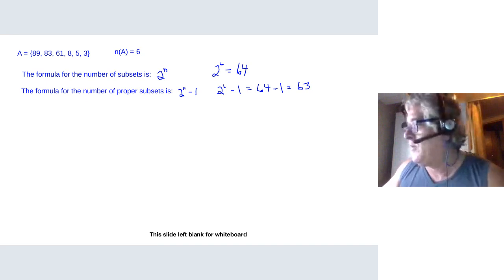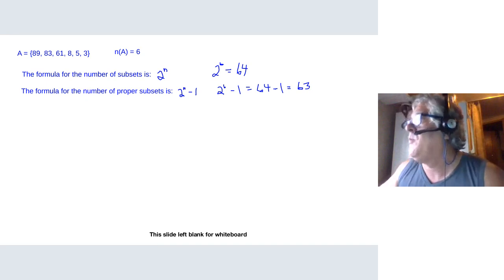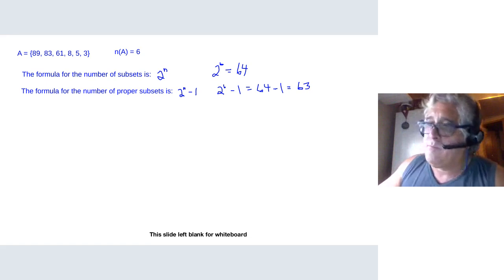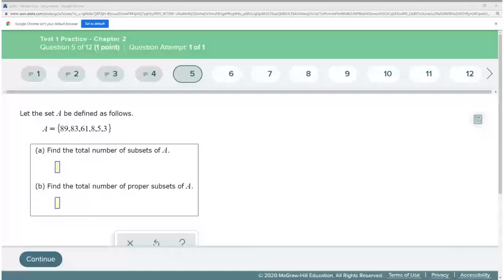That's going to be the challenge, because I know I've messed that up before. You got to make sure you put them in the right spot. So this is the big one, 64. And then the proper subsets is one less, because what you're doing when you find proper subsets is you're taking out the one subset that's equal to the set. So then that means there's one less.